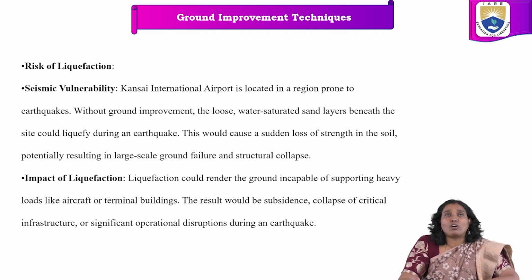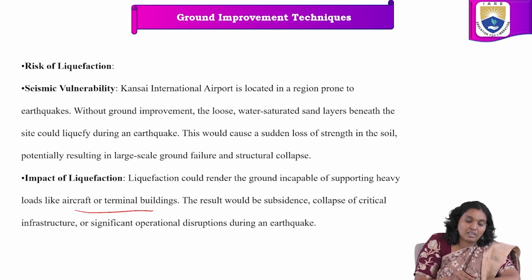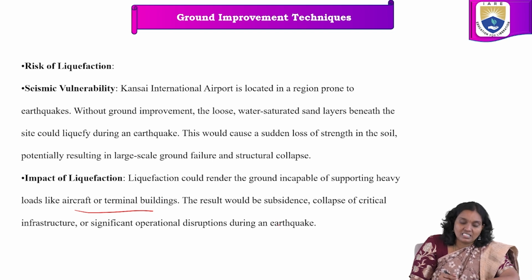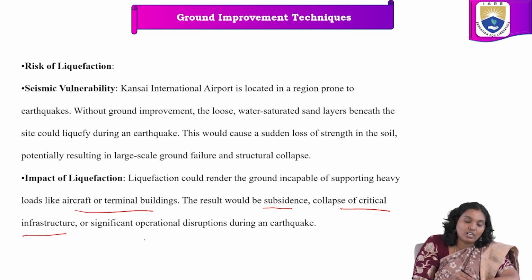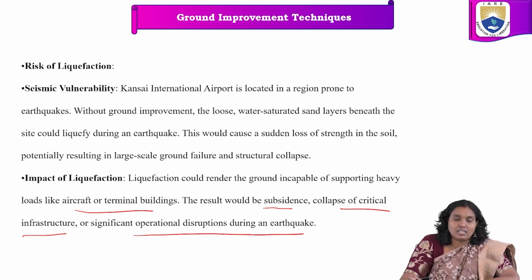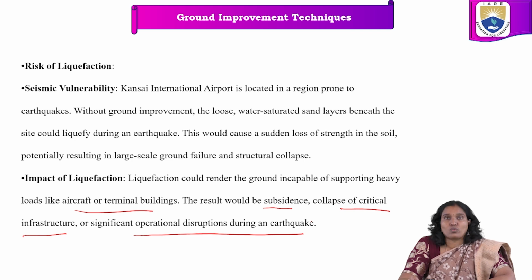The impact of liquefaction could render the ground incapable of supporting heavy loads like aircraft or terminal buildings. The result would be subsidence, collapse of critical infrastructure, or significant operational disruptions during an earthquake.